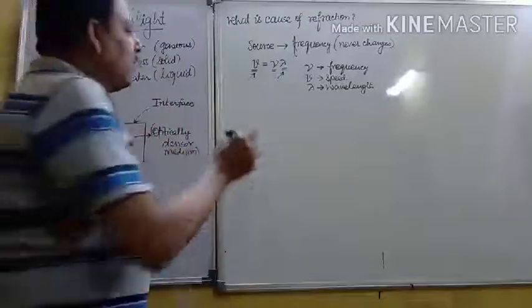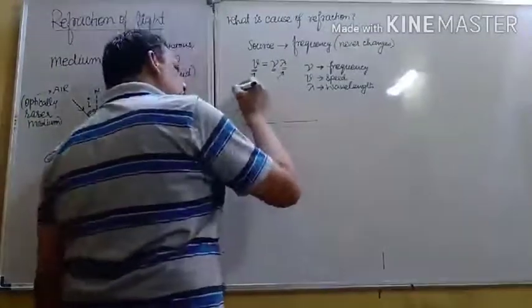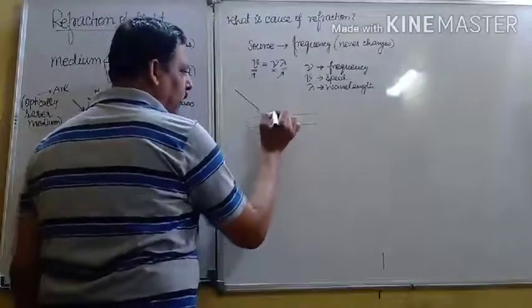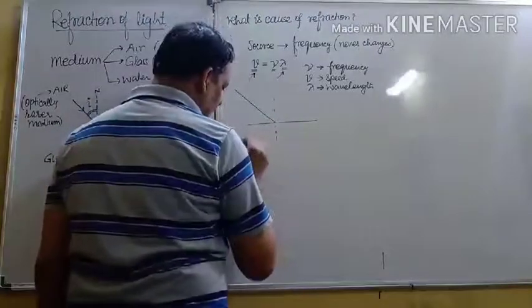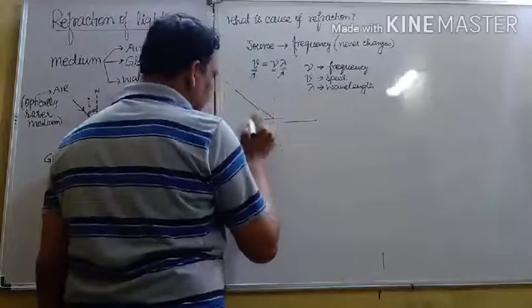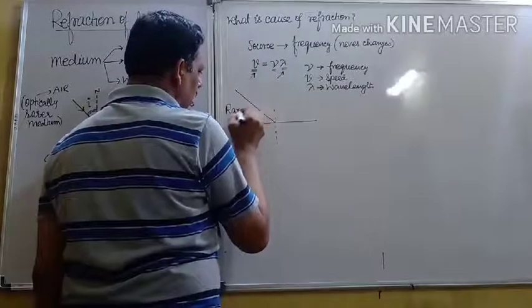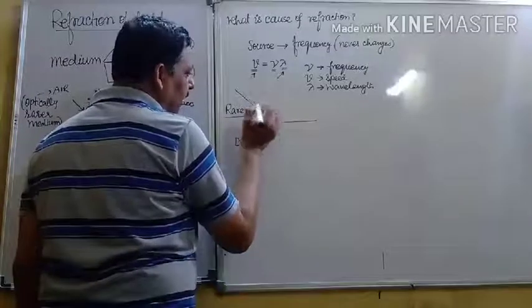What happens when light enters at the interface? Its medium changes, and since this medium is denser and this is rarer, its speed decreases.